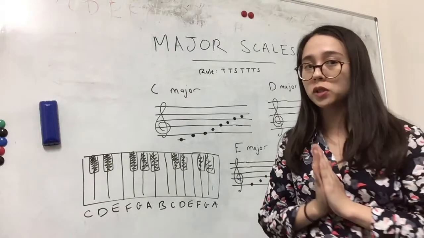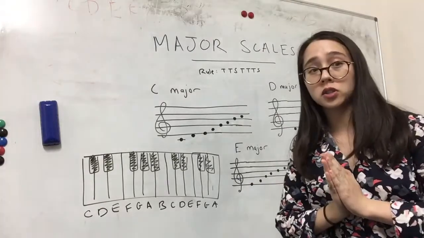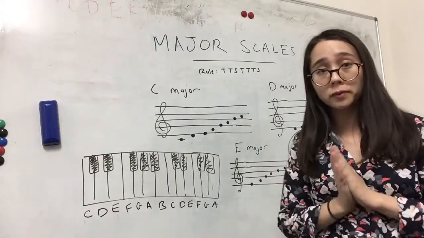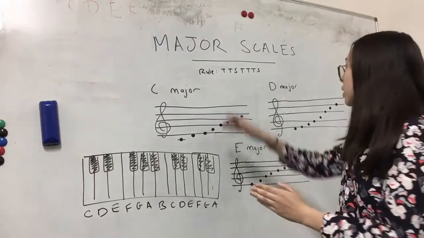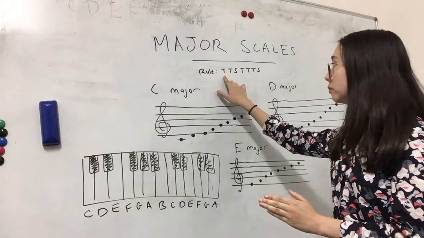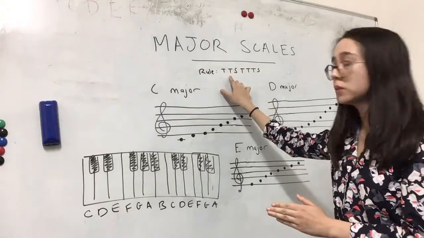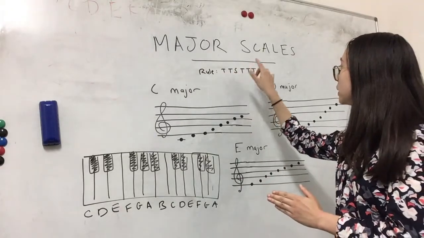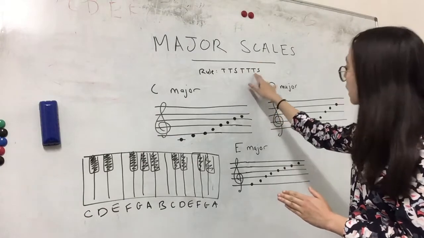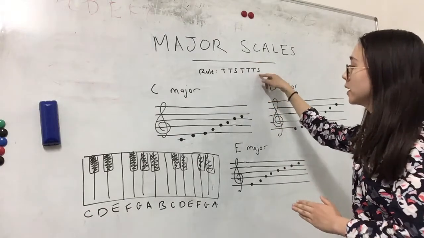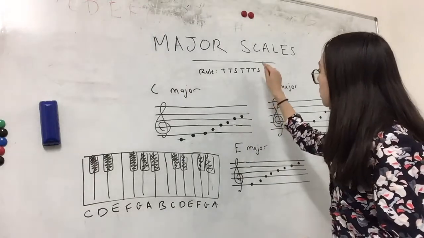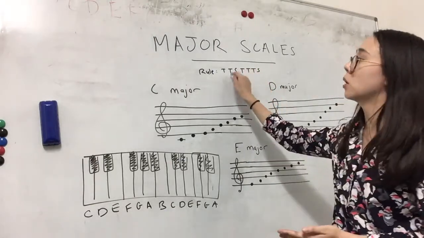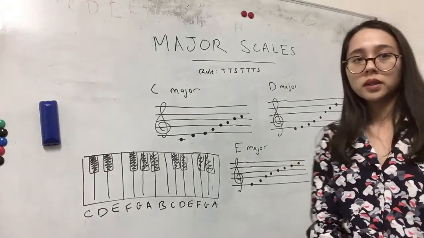So what I like to do is refer to the number one rule of the major scale, and that is the pattern of the major scale: a tone, another tone, a semitone, tone, tone, tone, and lastly end on a semitone. And as you descend the scale, it's the same way: semitone, tone, tone, tone, semitone, tone, and tone.